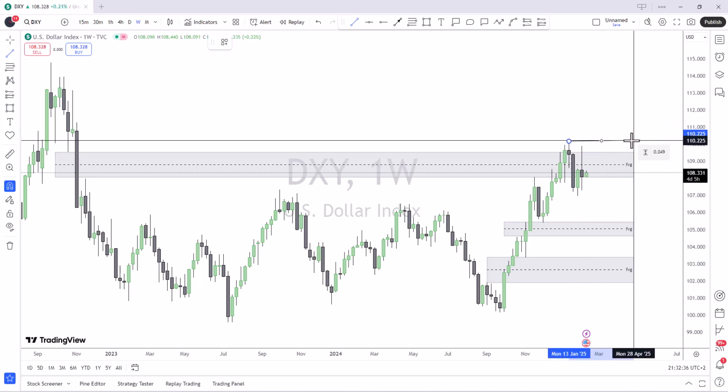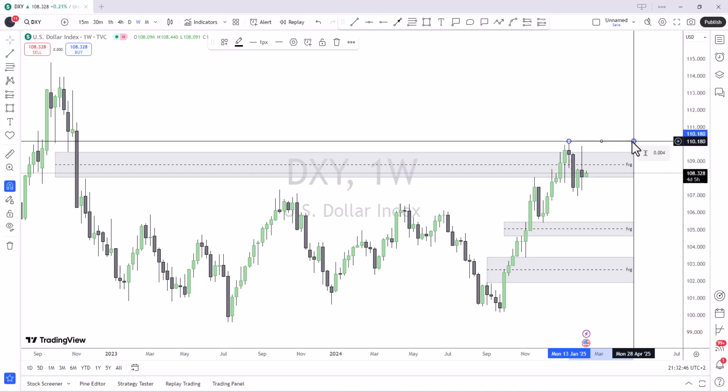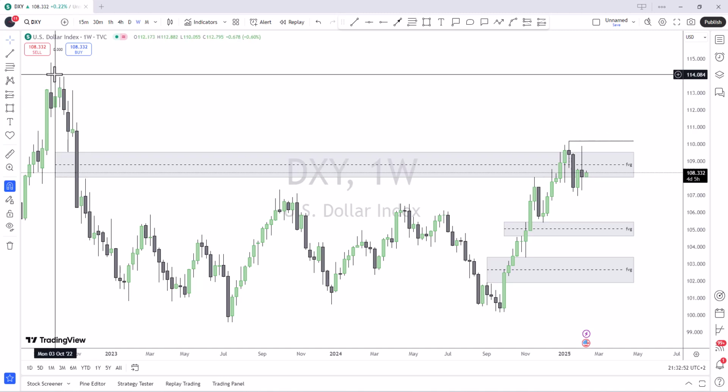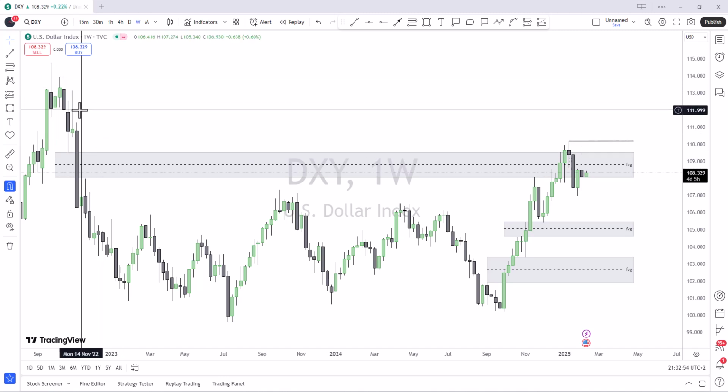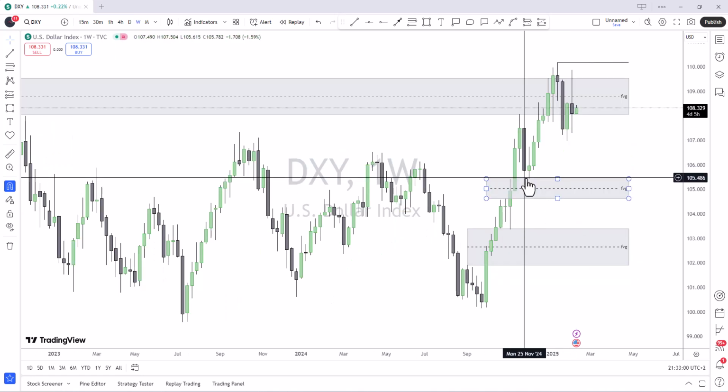If it happens that price has traded above that level, 110.180, then we are actually looking for a strong dollar, because we have had a clear reversal pattern for shorting opportunities now on DXY.